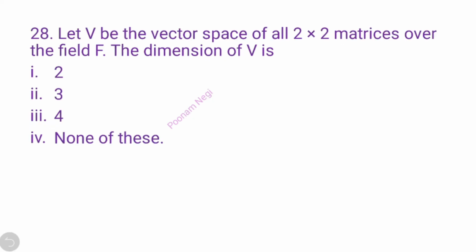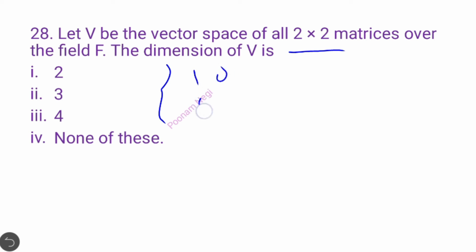Next question is, let V be a vector space of 2 by 2 matrices over the field F. Then the dimension of V will be 4, because for this the standard basis will have 4 matrices.